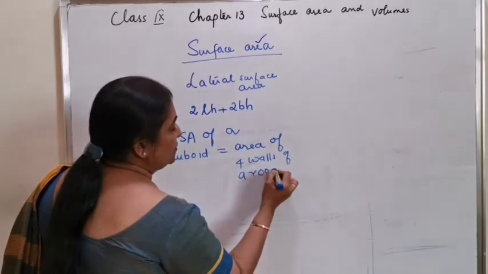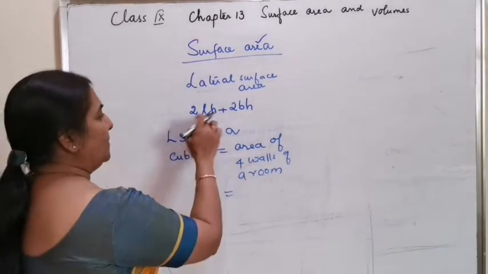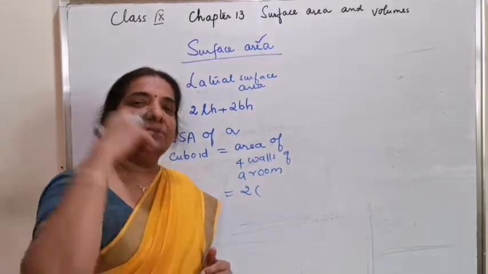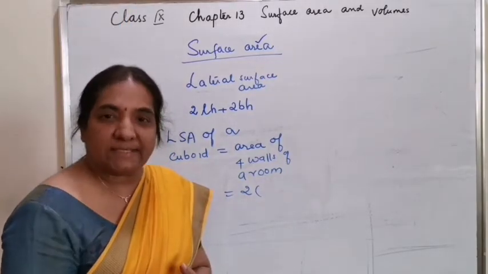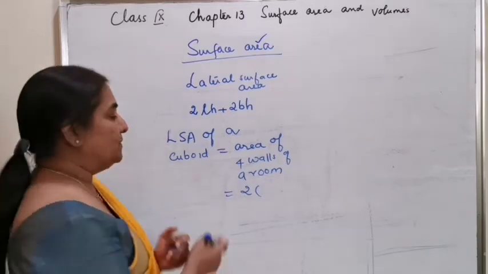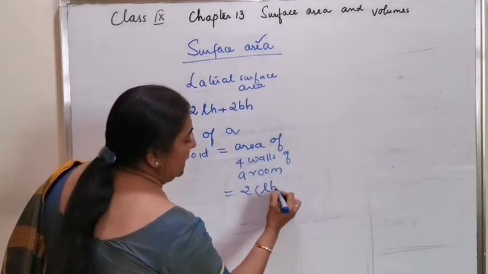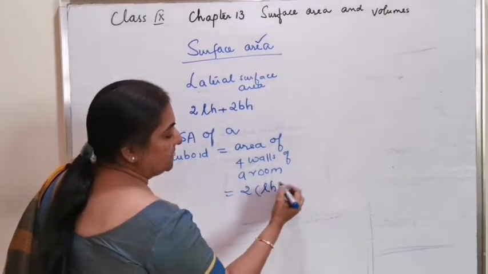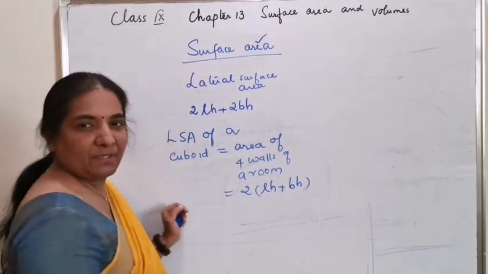Area of 4 walls of a room, and the formula will be, the base as well as the roof will be excluded, which gives you the formula as 2LH plus 2BH, or 2 times LH plus BH.